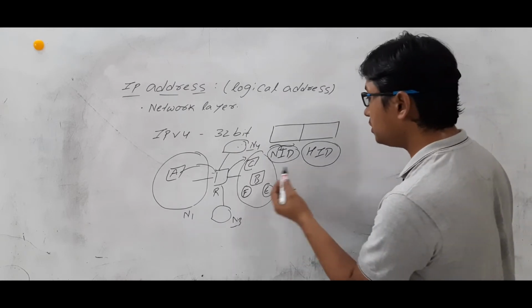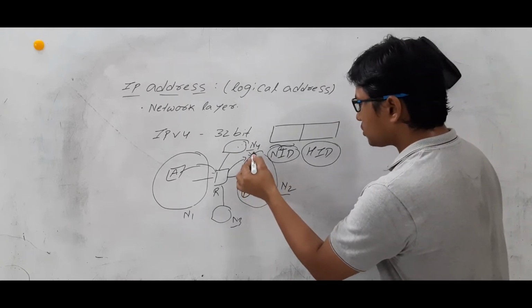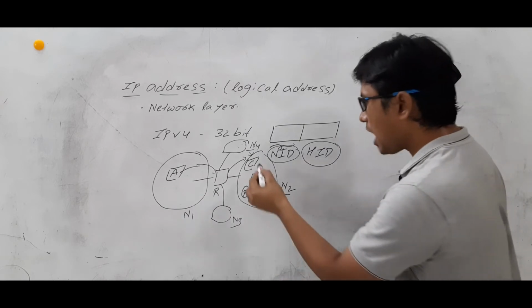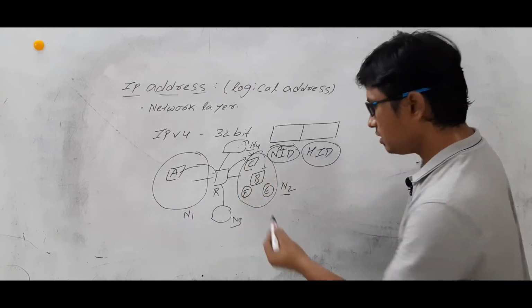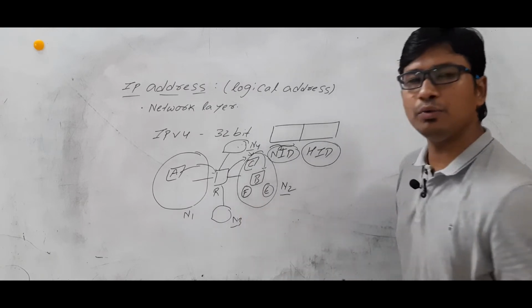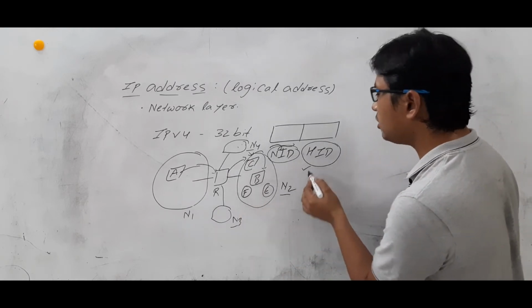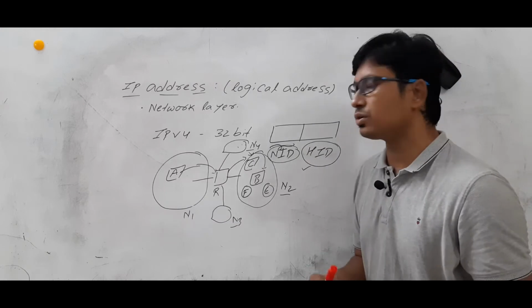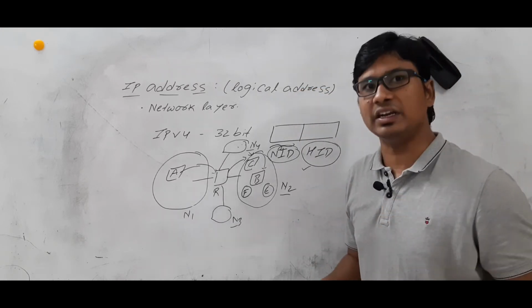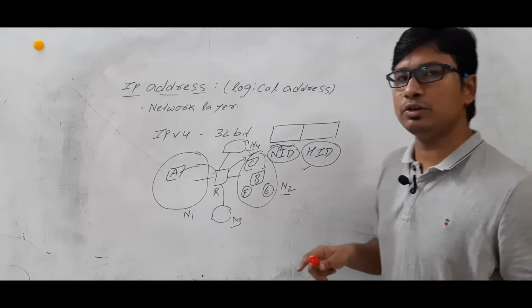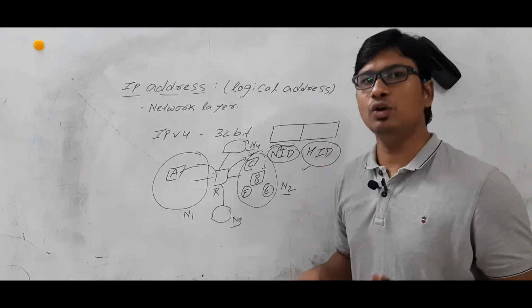Once the packet reaches the network, it has to identify the host. Should it send to node C, B, E, or F? It can identify with the help of the host ID. So what I want to say is that the network ID will be useful for us to identify the network, and the host ID will be useful for us to identify the host.